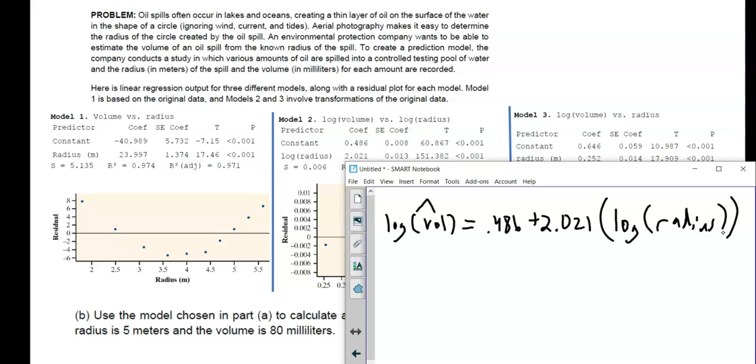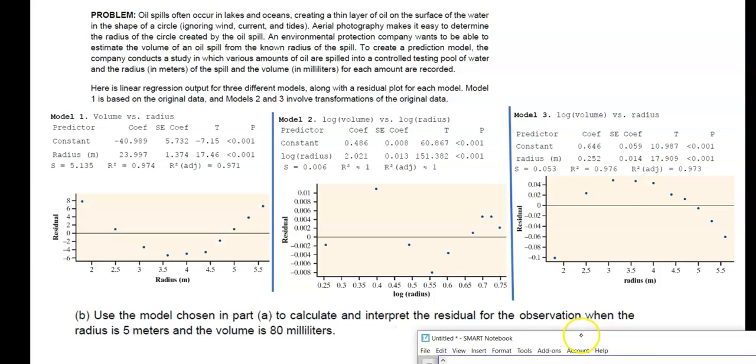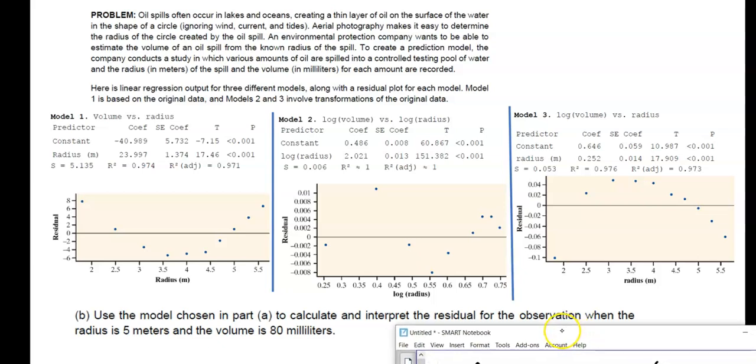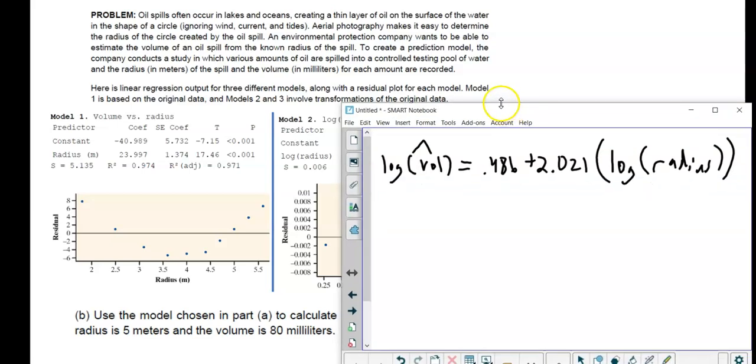The question is, interpret the residual for the observation when the radius is 5 and the volume is 80. So we're going to plug in a radius of 5 there to find the predicted value.